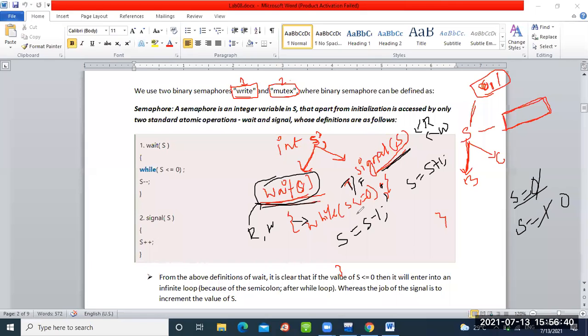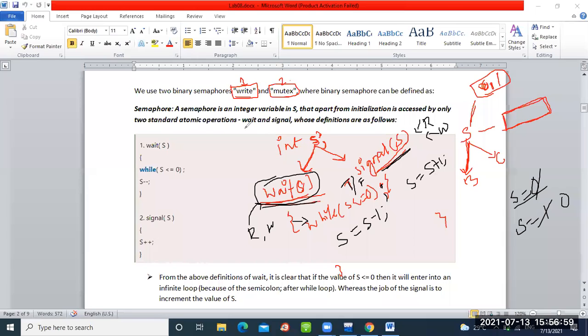If it is true, then whoever is calling, whether reader or writer, should wait. If it is false, then we will allow that reader or writer to enter the data set. Similarly, the signal function will simply increment the value of s.